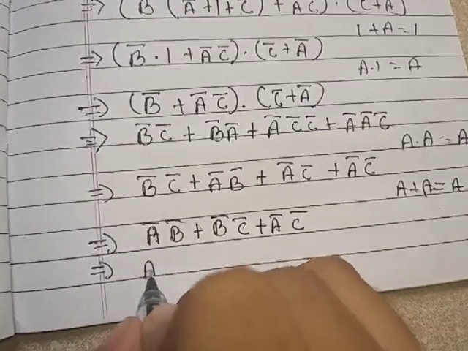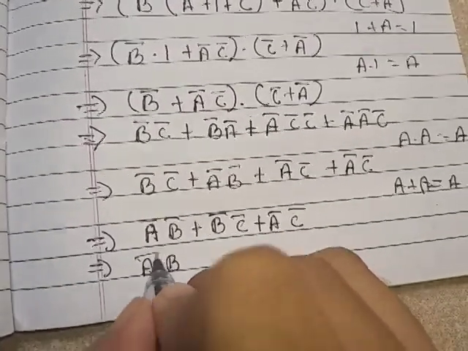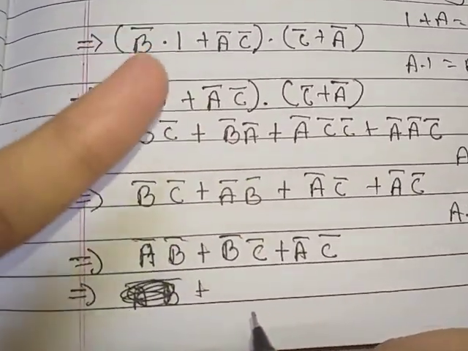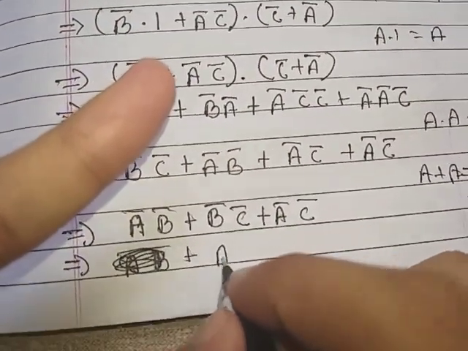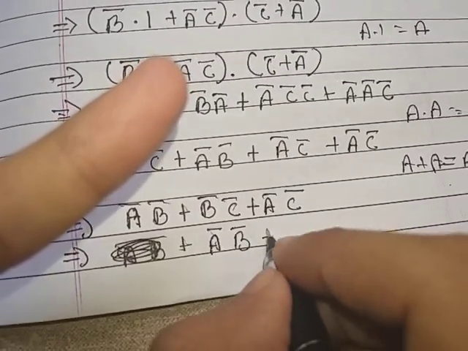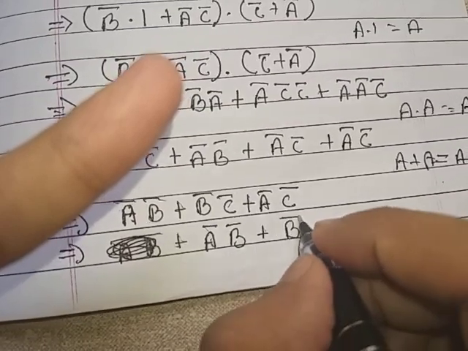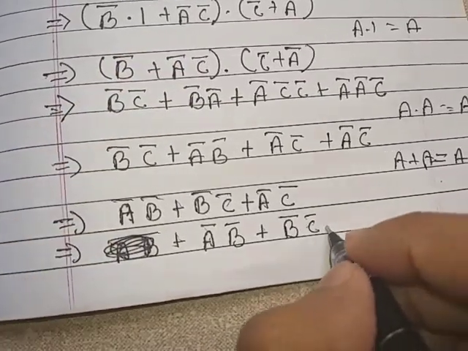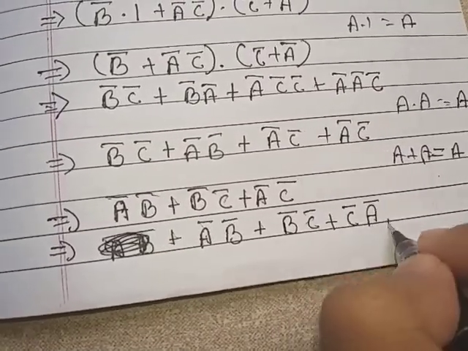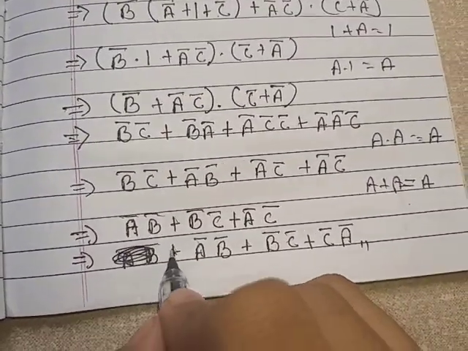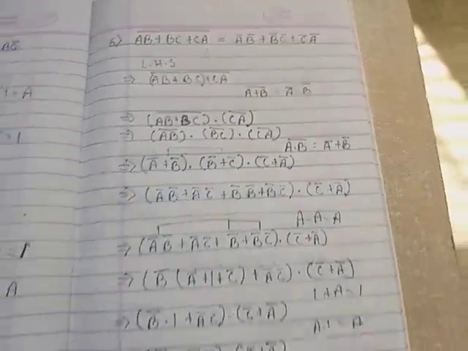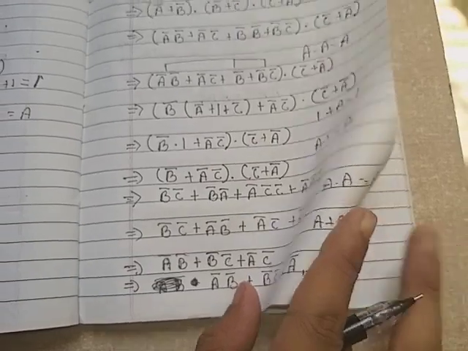So I will get A bar B bar plus B bar C bar plus C bar A bar. That's all about this simplification.